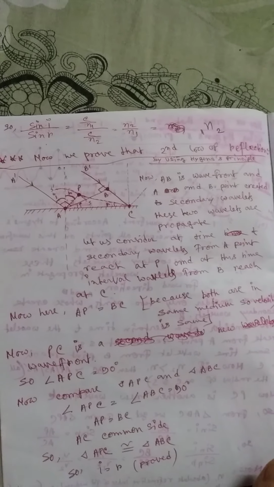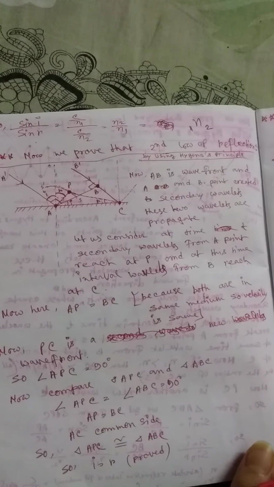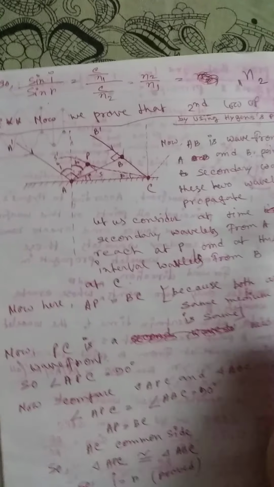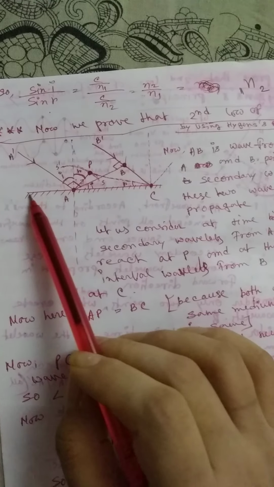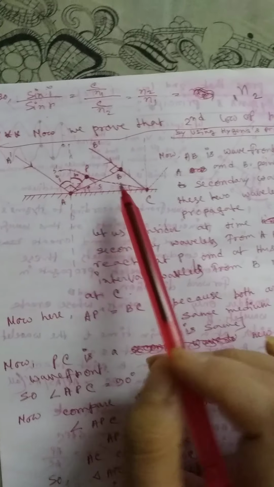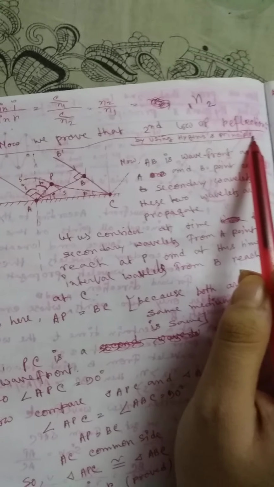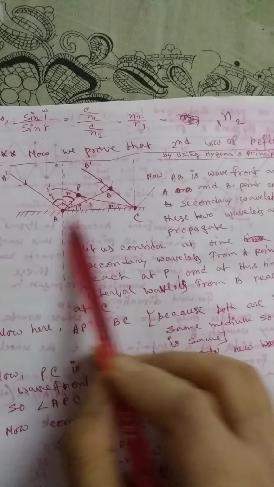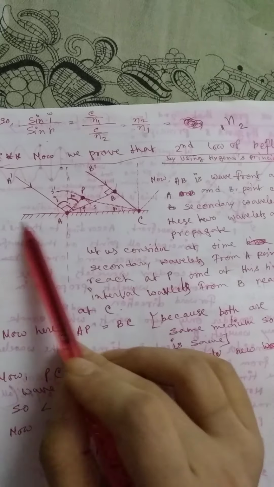Next, now we prove the second law of reflection by using Huygens principle. So just look at here. Here I am taking a mirror. That means here we prove the second law of reflection, right? This is the boundary, or we can say a mirror.